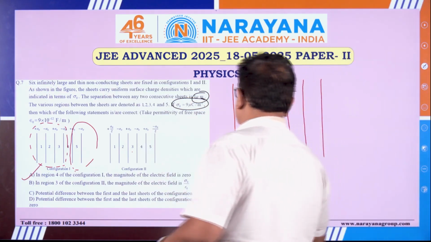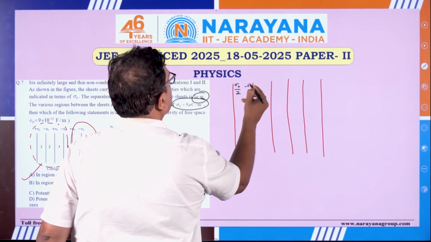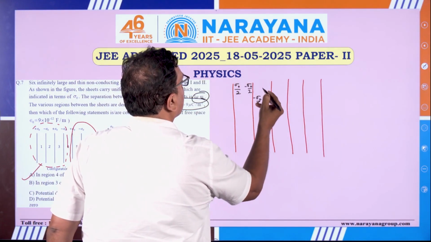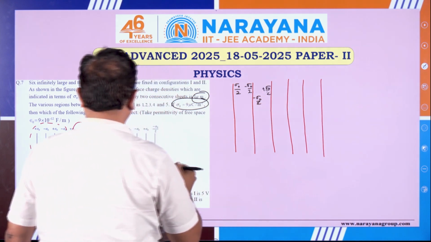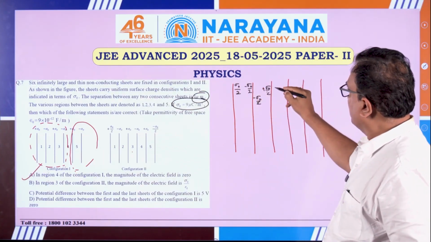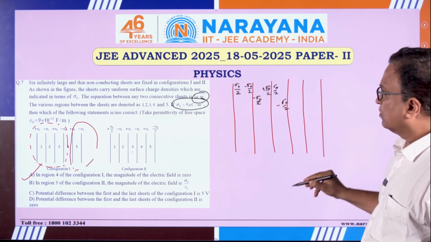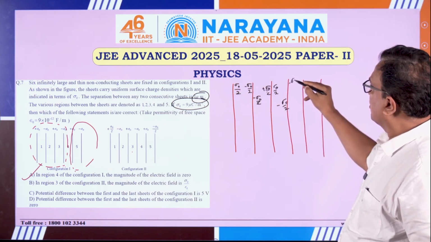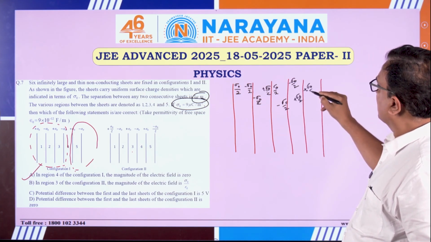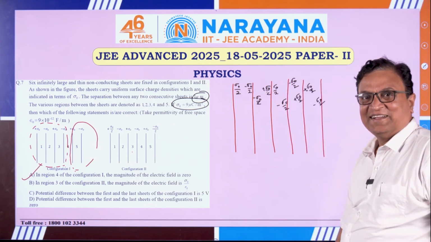So all the charge distributions will be like this: sigma naught by 2, minus sigma naught by 2, minus sigma naught by 2, plus sigma naught by 2, plus sigma naught by 2, minus sigma naught by 2. That's the deal.